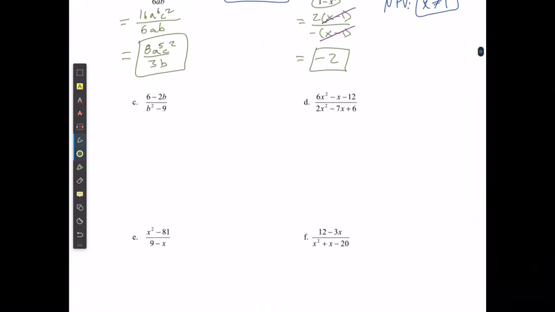Taking a look at example C, we're going to go through the same steps. Step 1, we're going to change around the order on the top here to make sure that I have my variable first and my constant second. So I'm going to say that I have negative of 2b minus 6 over b squared minus 9.